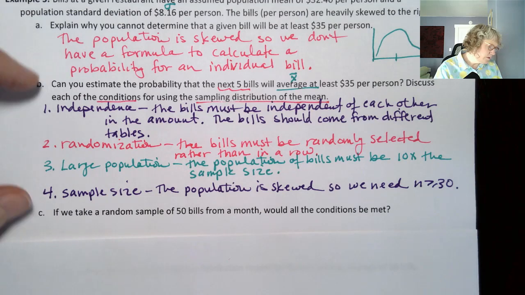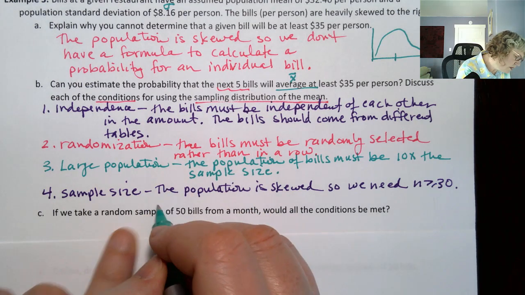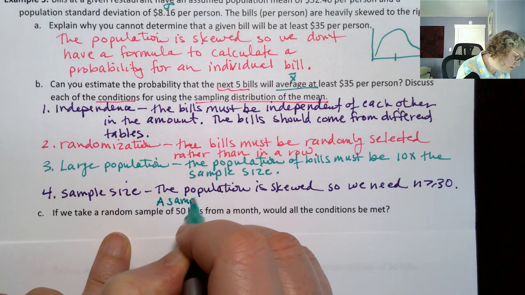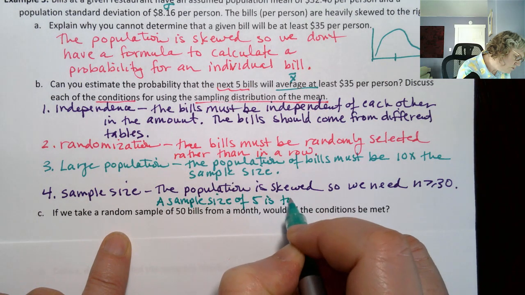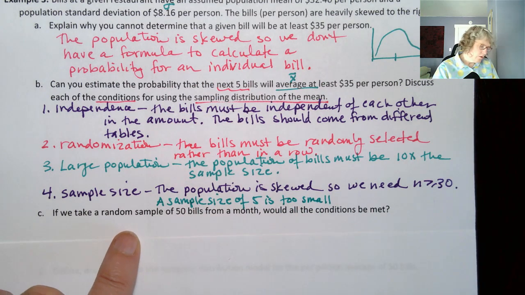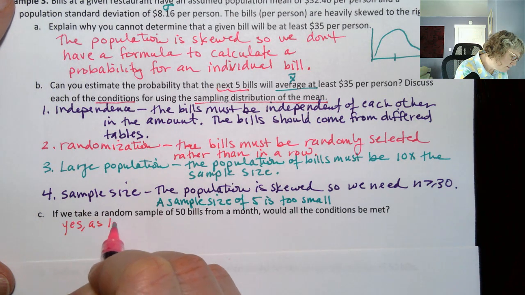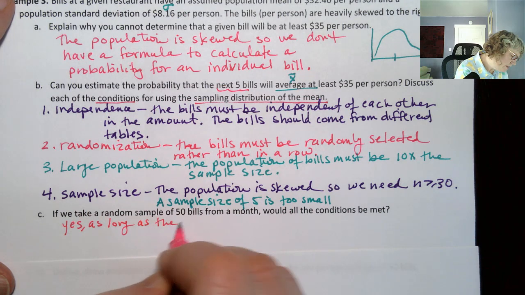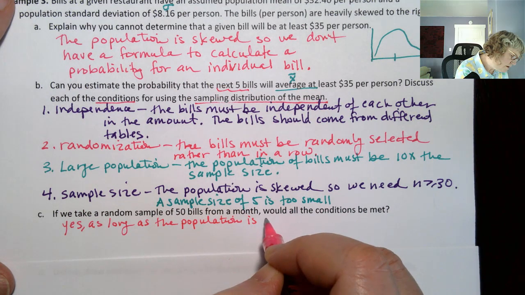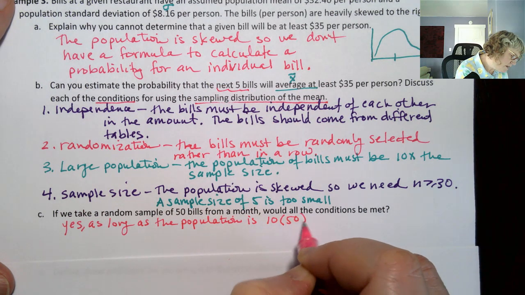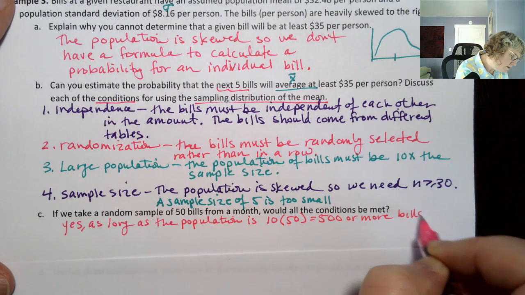We've got to just answer this for the 5 and for the 50, okay? So I'm going to say a sample size of 5 will not work. Of 5 is too small. Okay, but for 50, I'm going to say yes, as long as the population is 10 times 50, 500 or more bills.